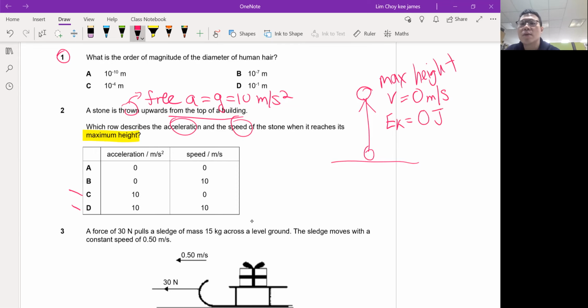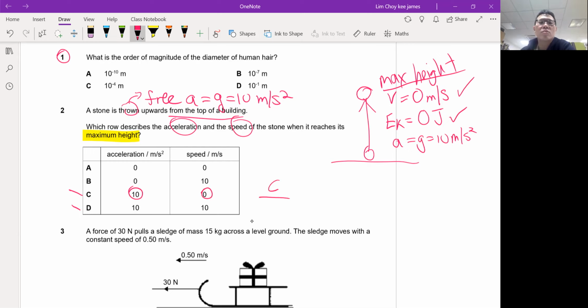But because it's still in mid-air, it's still subject to the gravitational pull, so the acceleration at this junction is actually gravity, which is 10 meters per second squared. So at maximum height, the object is not moving, with 0 joules of kinetic energy, which is this particular answer. That's why the answer will be C.